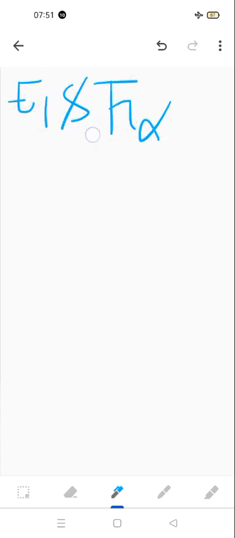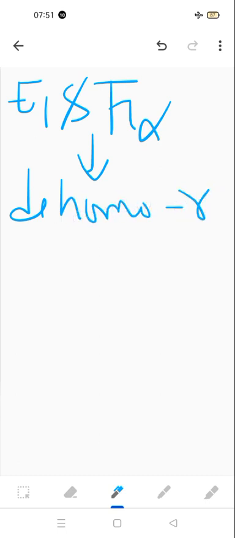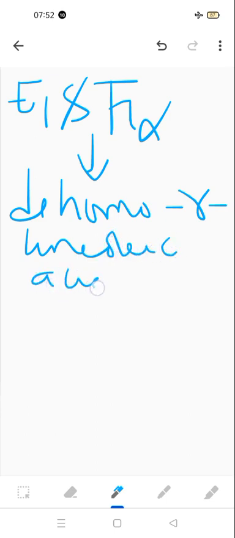And dihomogamma linoleic acid is the same thing as eicosatrienoic acid.